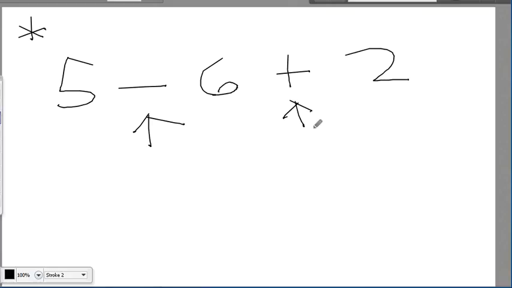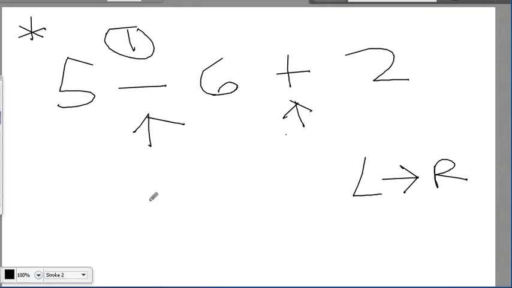And because we're left with only addition and subtraction, we're going to work left to right. So if subtraction comes first in our problem, we do the subtraction first.